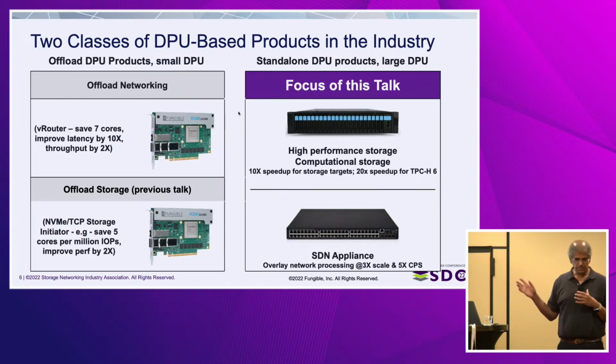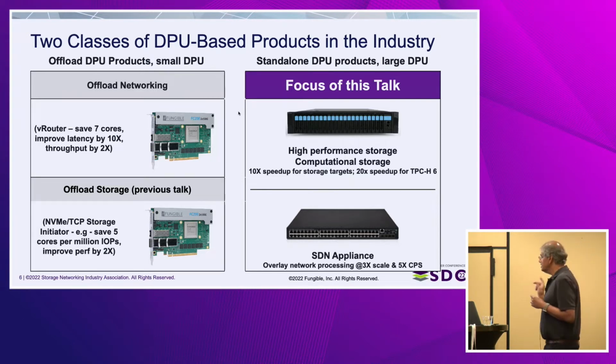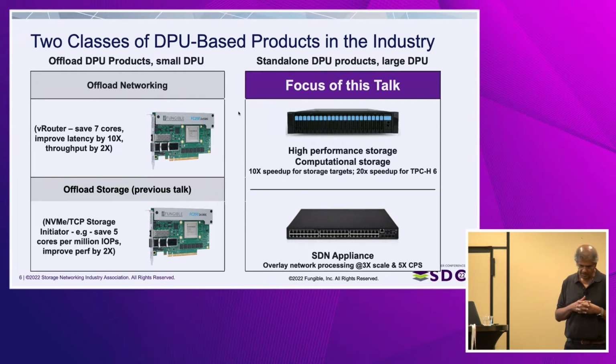It's a great use case, but I want to talk about the other use case. I want to talk about the use case on the right, which is you can also build certain kinds of products where the DPU is the only processor. It's not ancillary to anything. It is the processor. So we've built a storage box in which the DPU is the processor, right?